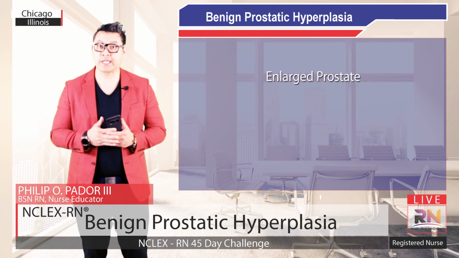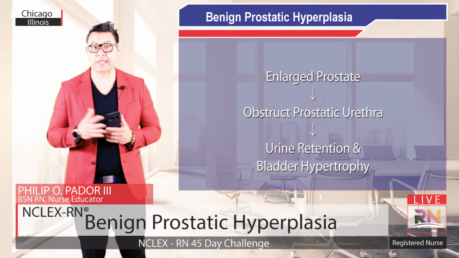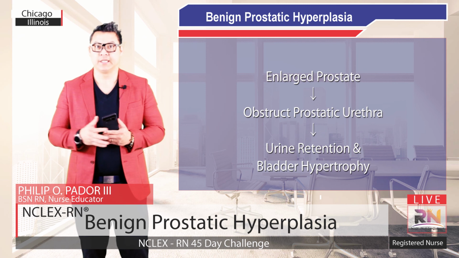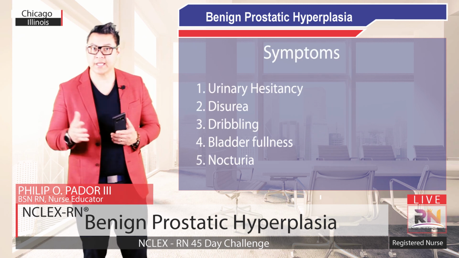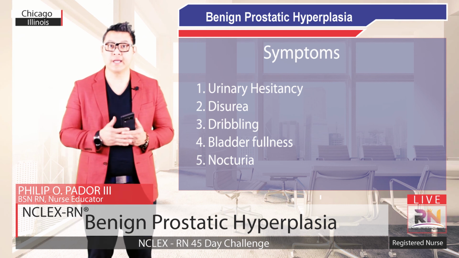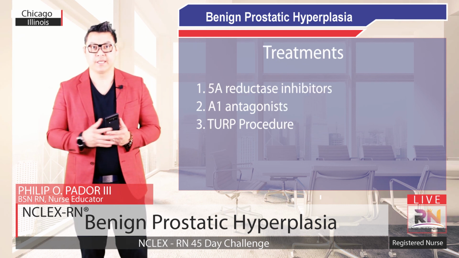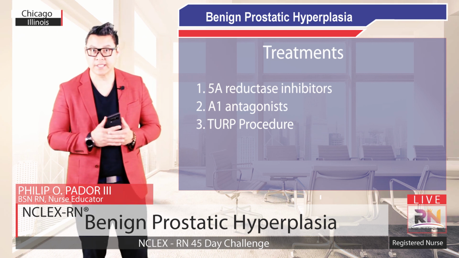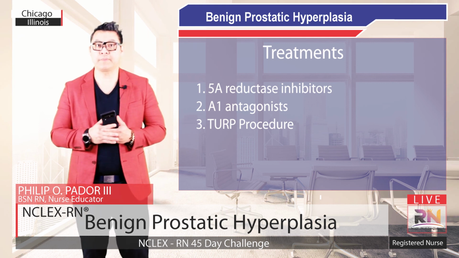The enlarged prostate gland can obstruct the prostatic urethra, which will lead to urine retention, causing the bladder to dilate and hypertrophy. Symptoms of BPH include urinary problems like urinary hesitancy, dysuria, dribbling, a feeling of bladder fullness, and nocturia. BPH treatments include medications like 5-alpha reductase inhibitors, alpha-1 antagonists, or TURP procedures.